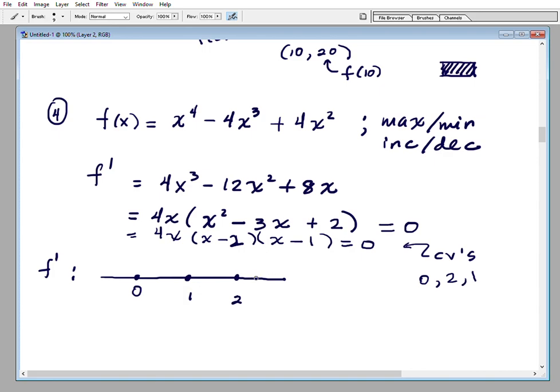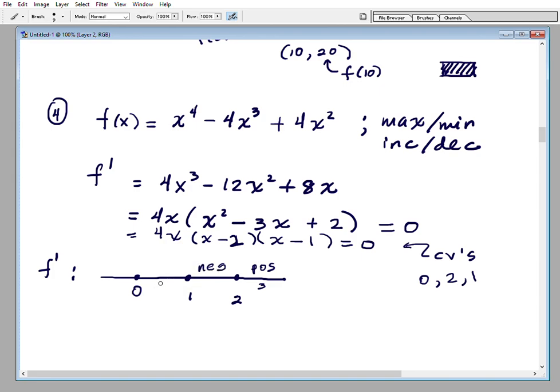Okay, so let's look at this. We'll plug in 3, and we have positive, positive, positive. Plug in 1.5, and we have positive, negative, positive, so 1 negative.